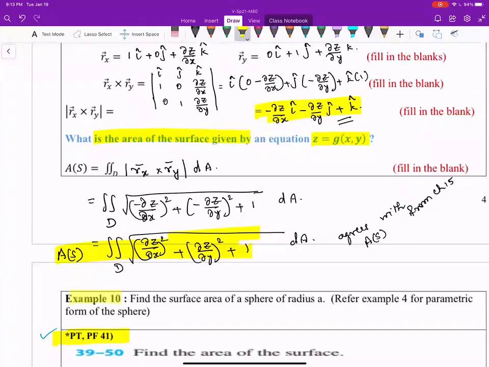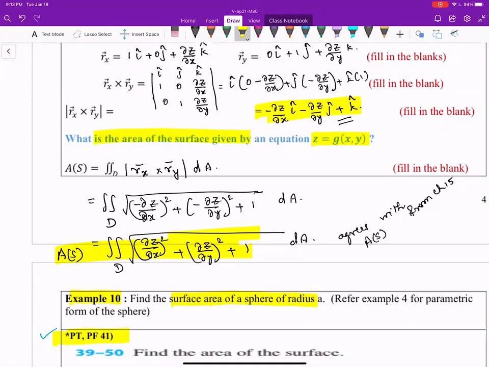I'll show this particular example: find the surface area of a sphere of radius a, in the next part of the video, the concept video for section 16.6. The surface area of the sphere we have done in several ways, in Calculus 2 class in chapter 8 and chapter 10 and all that.